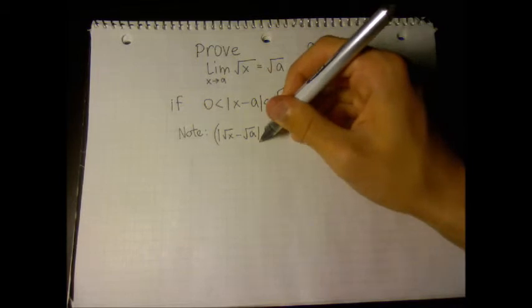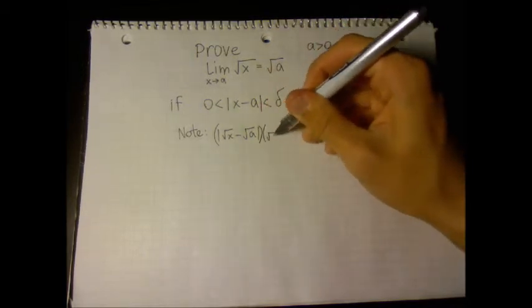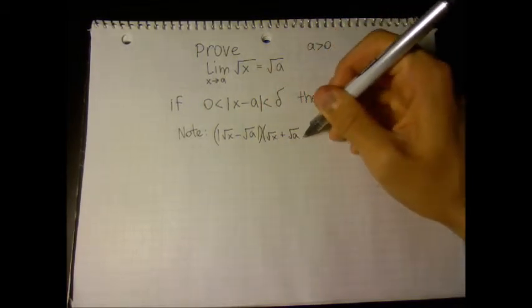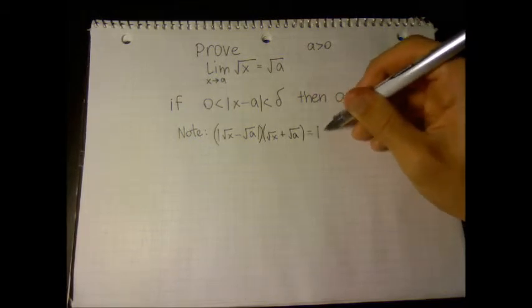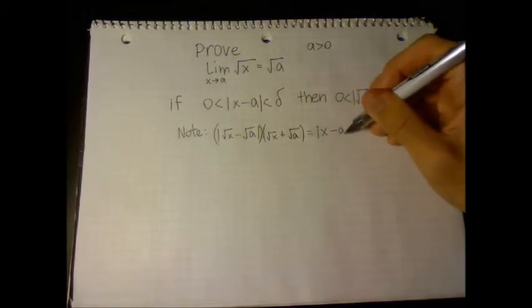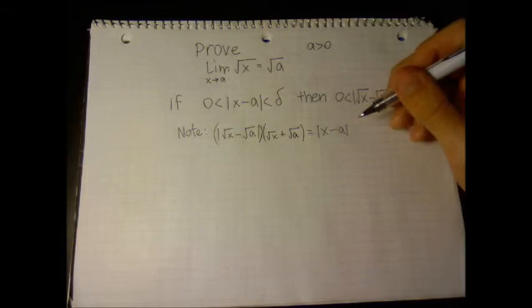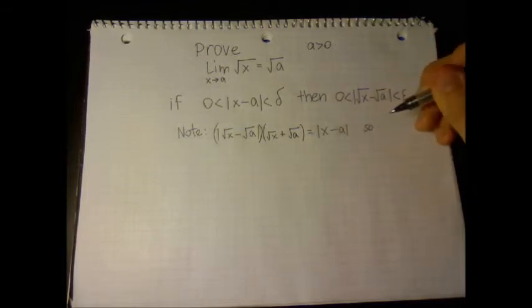As you can see, when you multiply the absolute value of square root x minus square root a by square root x plus square root a, you will get the absolute value of x minus a.